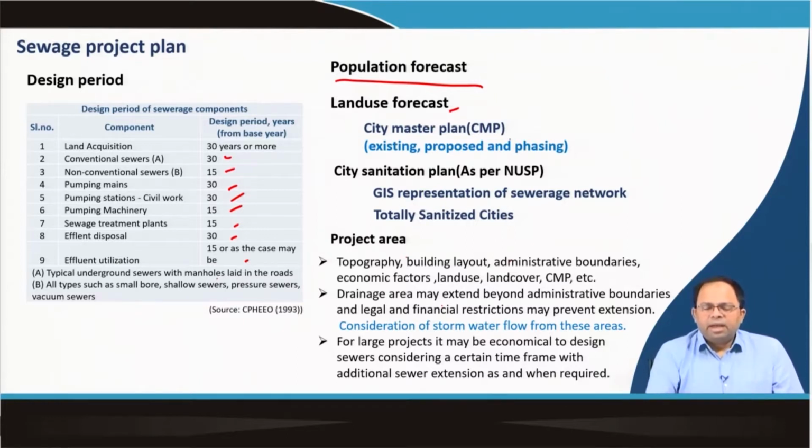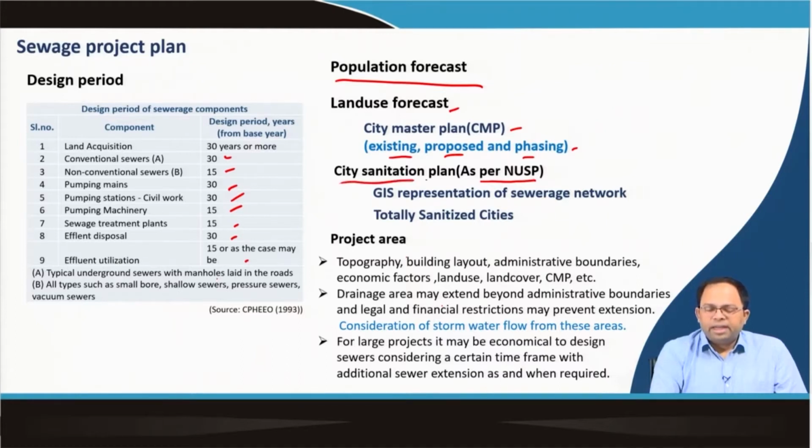Then city master plan, this is the initial data, because city master plans tell us about the future land use forecast. They tell us about the existing, proposed and the phasing of the different zones, that means which area will be developed first, next and so on. This information we get from the city master plans. Then city sanitation plan as per the National Urban Sanitation Policy.